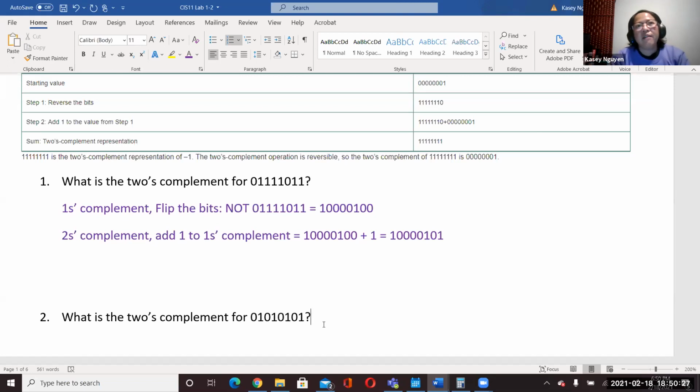So why do we care about this? When you do subtraction in assembly, you add the 2's complement of the value. If I wanted to take 12 minus 6 in assembly, we put the 12 into a register and the 6 into another register, and we NOT it and add 1 to it to make the 2's complement, and then we sum it.